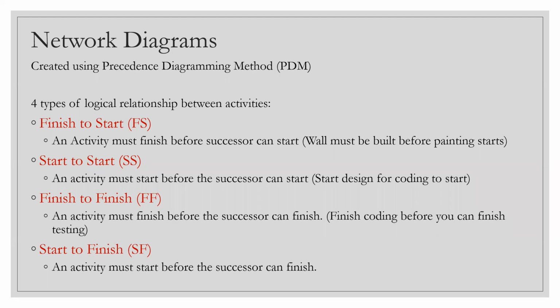If you are fluent with Workfront, you will know that in Workfront the activities are finish to start, right? Which basically means that an activity must finish before the successor can start. So in our CIB stencils, most of the stencils are built on the assumption that an activity must finish before the successor can start.